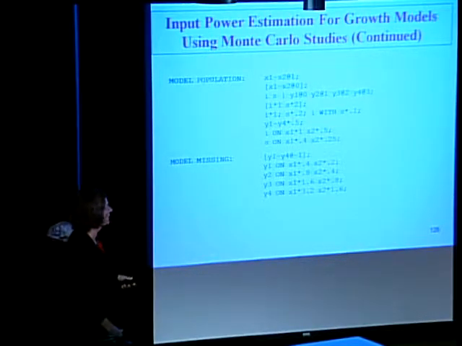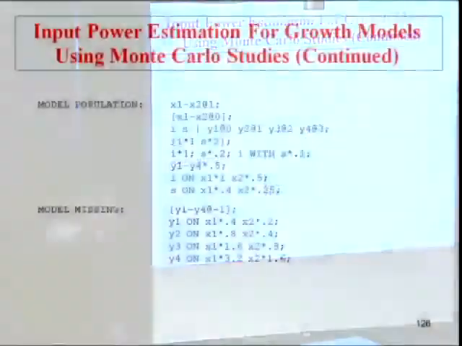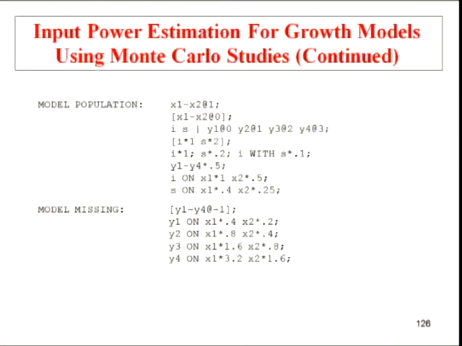So model population and model missing have to do with data generation. Model population tells you the model population parameter values. Model missing tells you how the missing data look. And it tells you that by using 4 binary missing value indicators, where 1 is missing and 0 is not, and setting up logistic regressions and giving the intercepts.